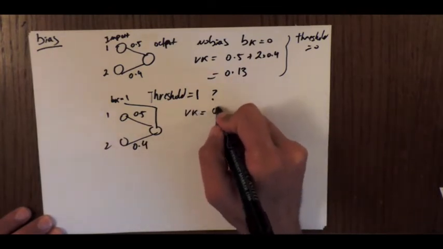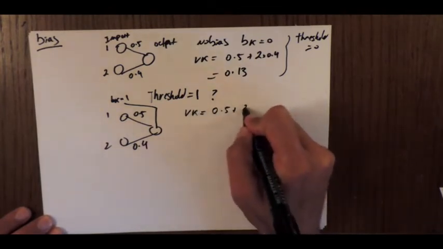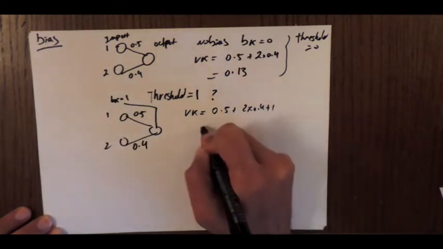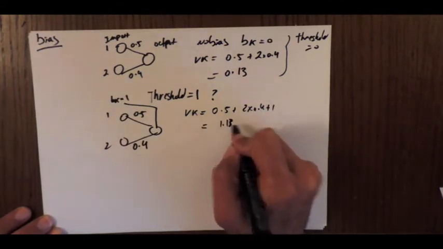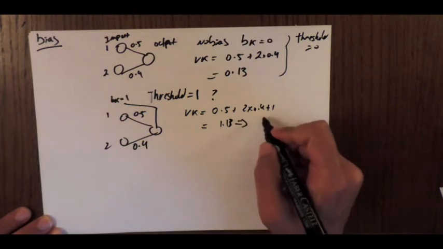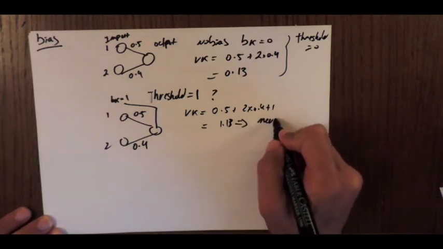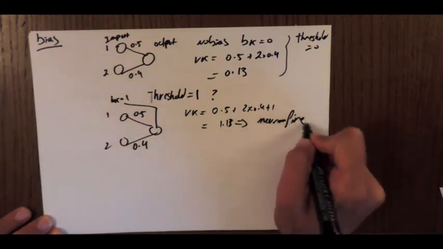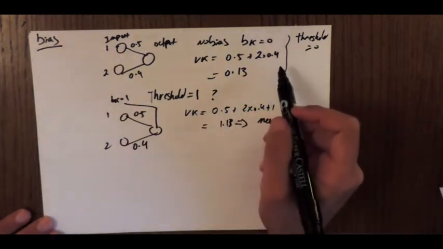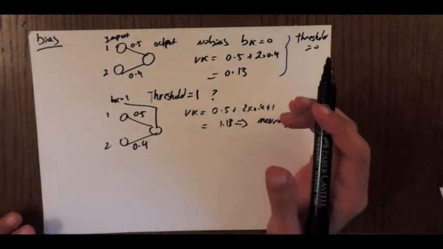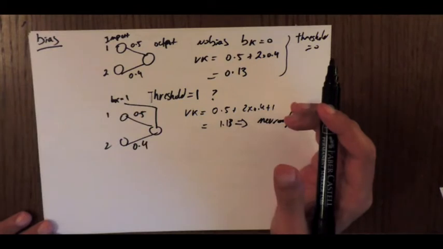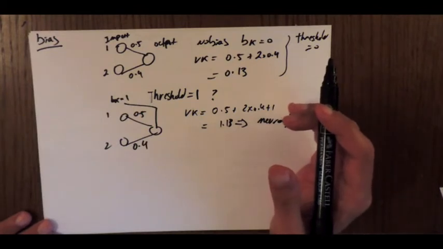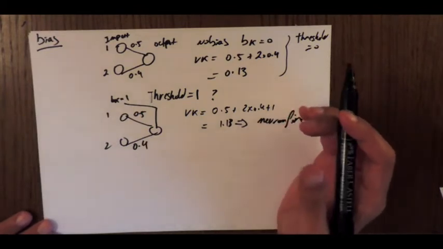This will be 0.5 plus 2 times 0.4 plus 1. This will be 2.3, which implies the neuron will fire. Okay, so bias is just a way to shift the output to a certain range where I want my threshold to be of a certain value.